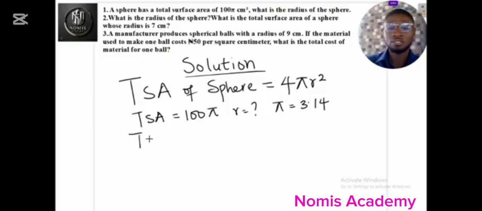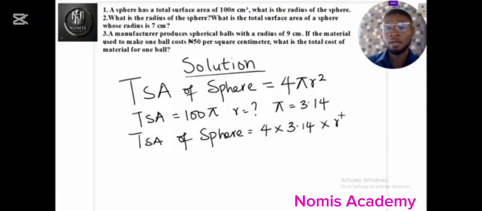TSA of sphere is equal to 4 multiplied by 3.14 multiplied by r squared. Since the TSA has been given in terms of pi, we should not express the value of pi on this side. That will help us eliminate pi from the left-hand side so that we can have our radius as the subject of the formula.